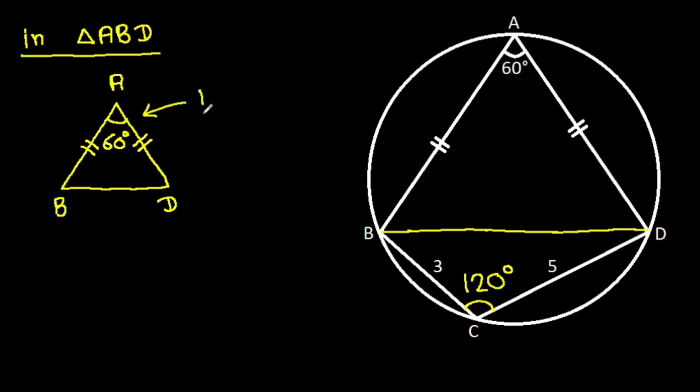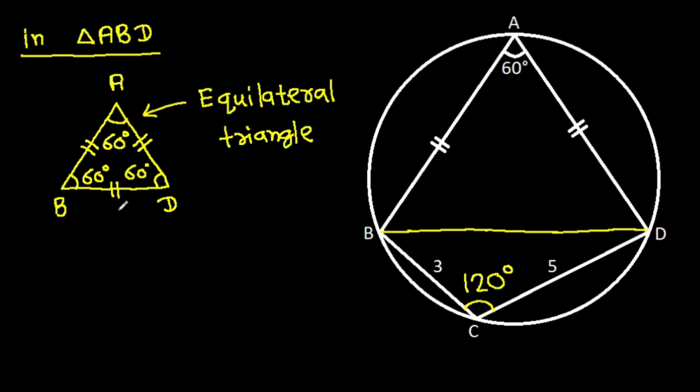That means it will be an equilateral triangle. So these two angles will also be 60 degrees and BD will be equal to AB, that will be equal to AD.